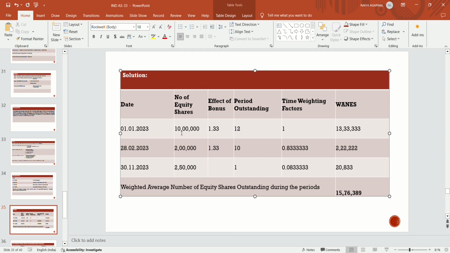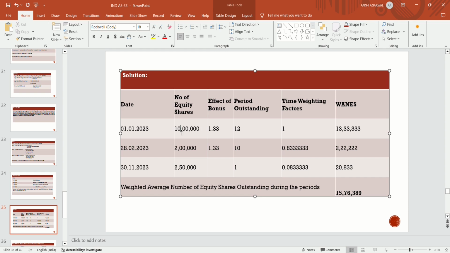Solution: on 1st January 2023, the number of equity shares outstanding is 10 lakhs. The bonus effect is, for every 3 shares, 1 share is given.